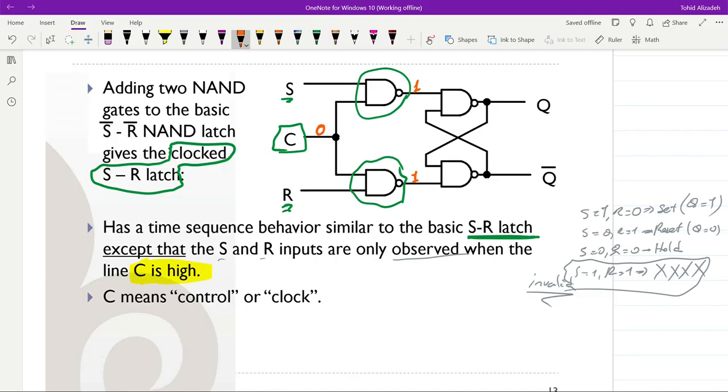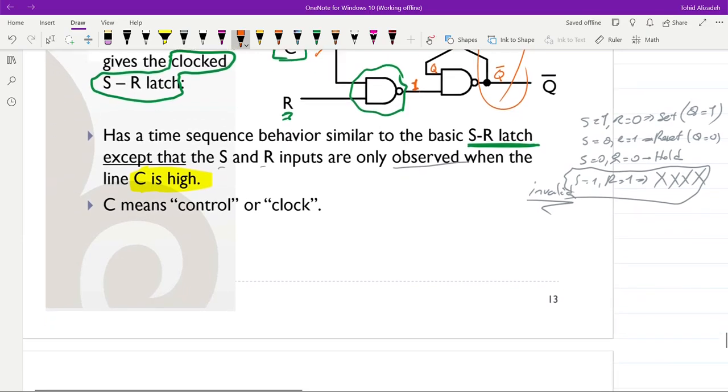Here we have Q NAND 1, so Q and 1 will be equal to Q, NAND will give us not Q, and here we have not Q NAND 1, which will give us Q. As a result, you can see that when C is equal to 0, the system will hold its previous value. And if you change the value for S and R, there will be no consequences, nothing will happen.